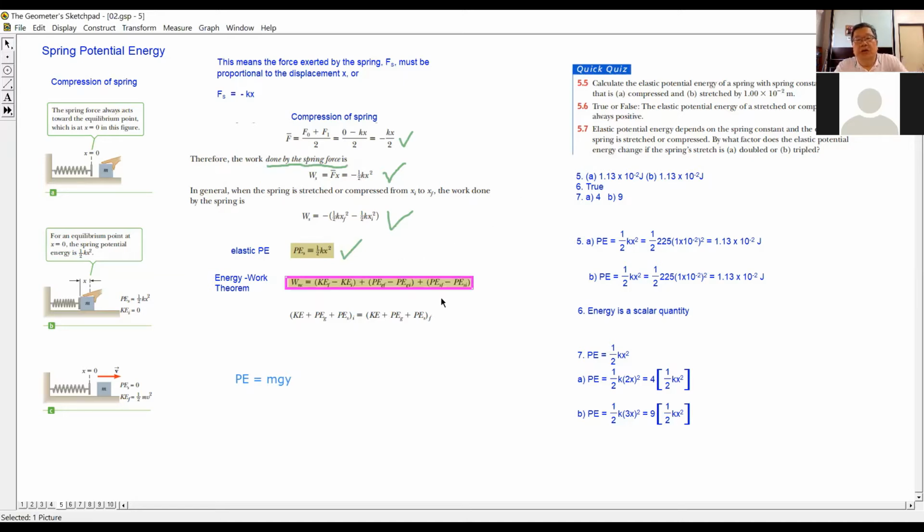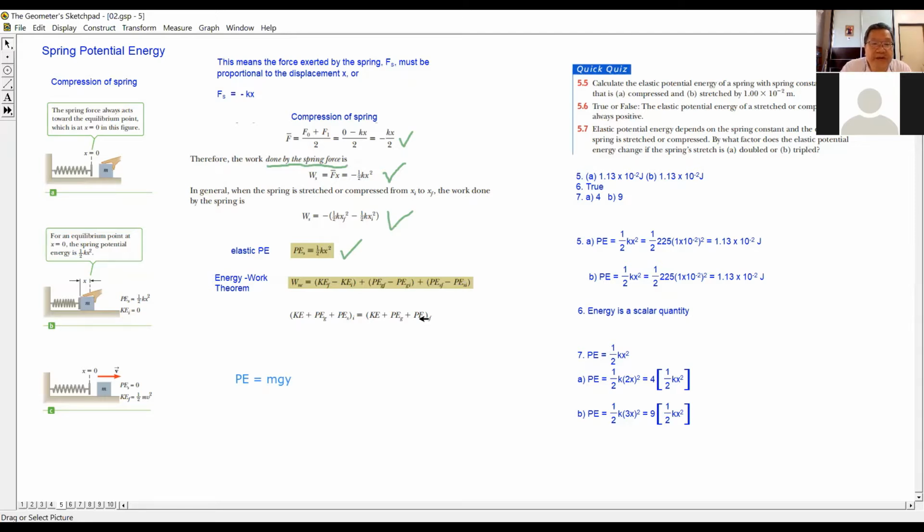So in our energy equation or the work energy theorem, we have the kinetic energy, gravitational potential energy. Now, after learning this spring potential energy, we include one more factor here, the spring potential energy. So these three are intertransferable. They can be transferred from one form to another.